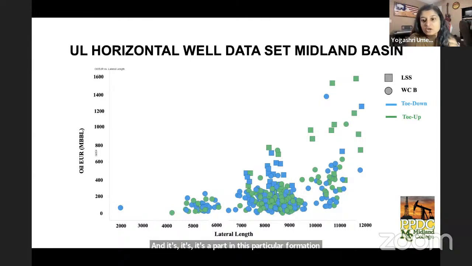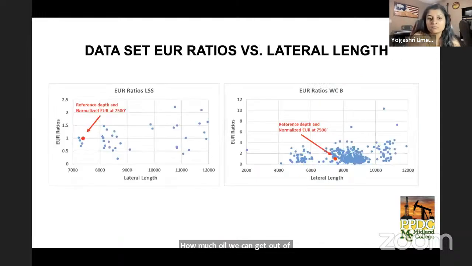You'll notice that it's all over the place, but the higher the lateral length, the larger the EUR. And the question we're trying to ask is, can we use simulation to answer how much oil we can get out of the ground?